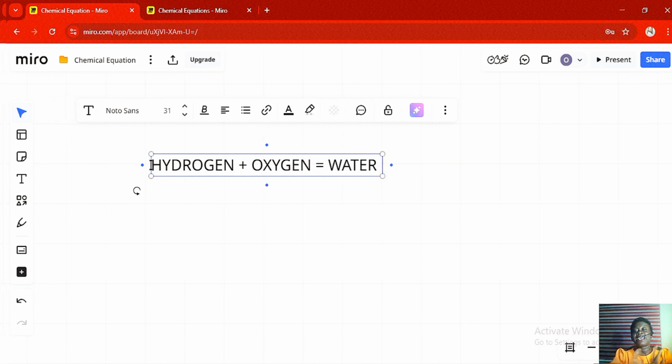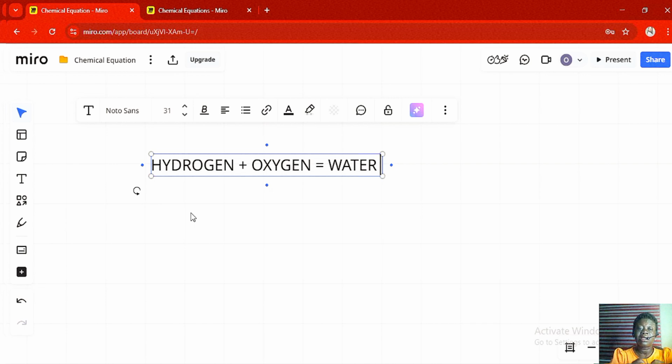This is a chemical reaction because two elements, hydrogen and oxygen, came together to form a substance, which is water. Are you getting me? So the way two elements like hydrogen and oxygen come together to form a substance called water is a chemical reaction.